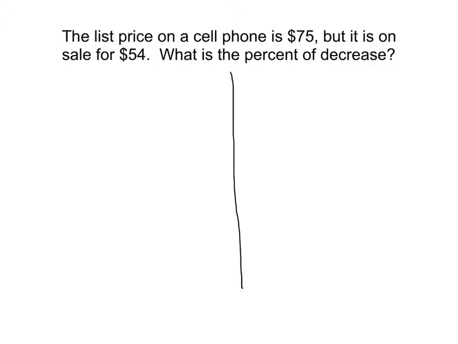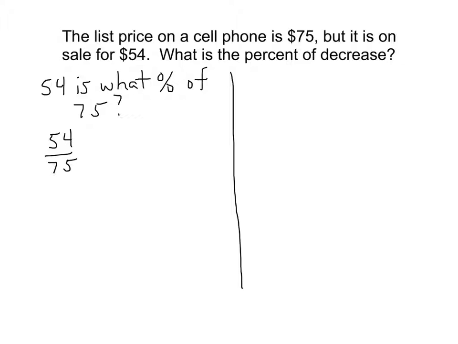So I could say 54 is what percent of 75? And I could set up my proportion. 54 is the is, 75 is the of, and I don't know what the percent is, so it's x over 100.